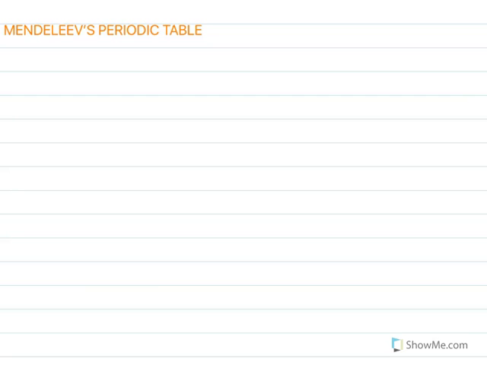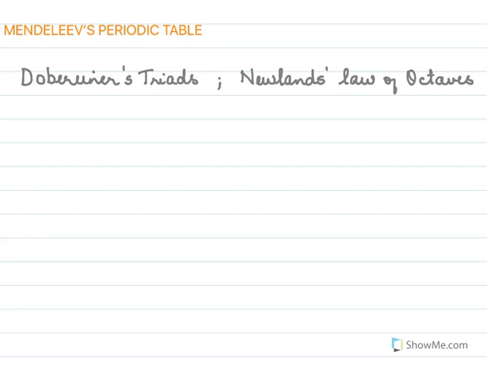In the earlier slides, we learned about Döbereiner's triads and Newlands' law of octaves. In Döbereiner's triads, we saw that Döbereiner made groups of 3 elements having similar chemical properties.